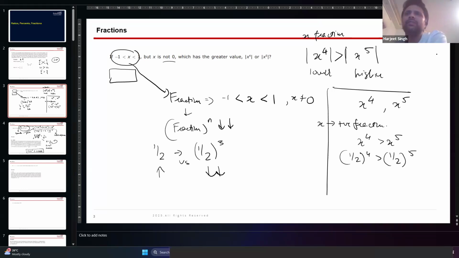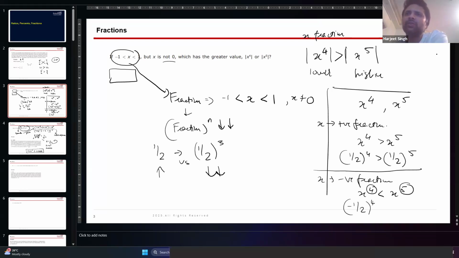But if x is negative, then the story flips. Then x to the power 4 is less than x to the power 5, because minus half raised to 4 is less or greater. So now it depends on the powers.